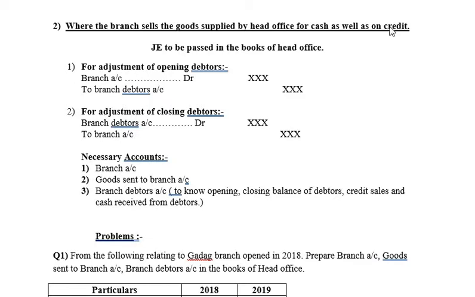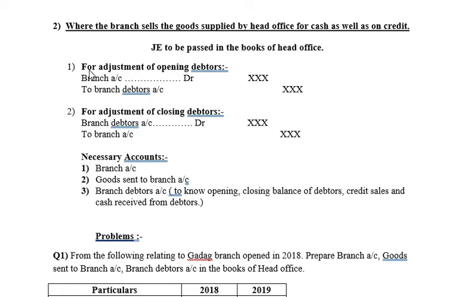So when the system of credit comes in, then the question of opening debtors and closing debtors arises, especially closing debtors. If you don't know the amount of closing debtors, then the debtors account should be prepared to find it out. Therefore, there will be additional journal entries which you need to pass in the books of head office.